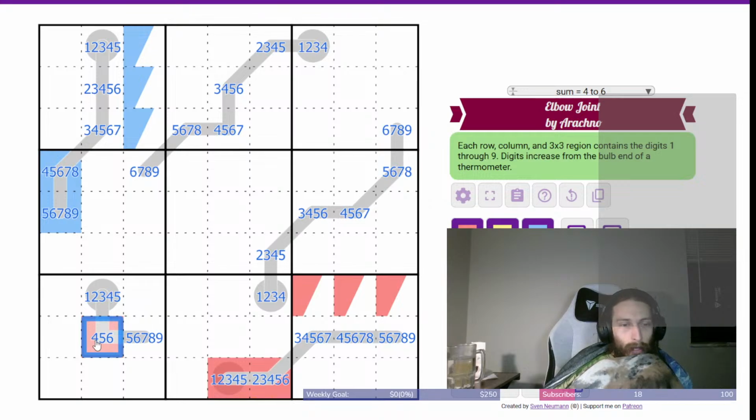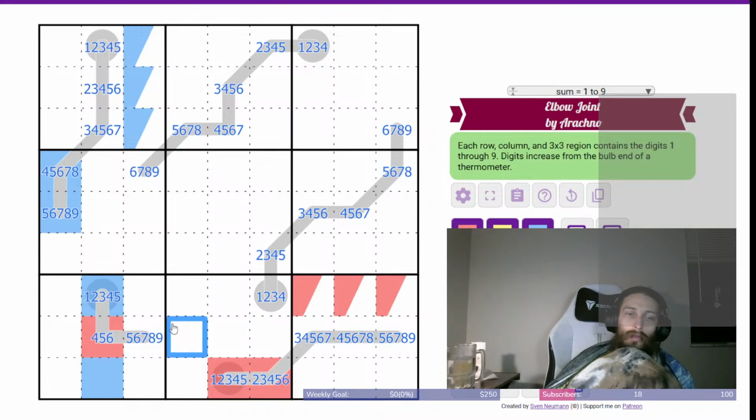Let's say this is red, but not blue. That would mean that that's blue and that's blue. Is there any reason why that wouldn't work?